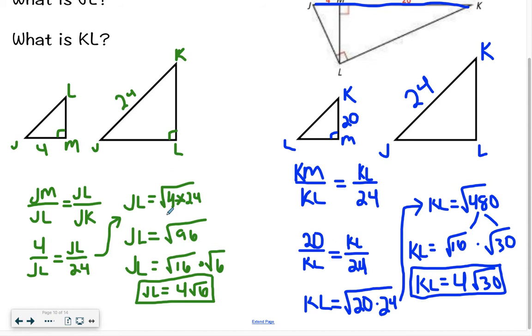The side that's repeated between those two is KL, so I put those on my diagonals. Then I knew I had KM, which is 20, and JK, which was 24. If I cross multiply, 20 times 24 is 480. So KL equals the square root of 480, which can split up into 16 and 30, or 4 square root of 30.